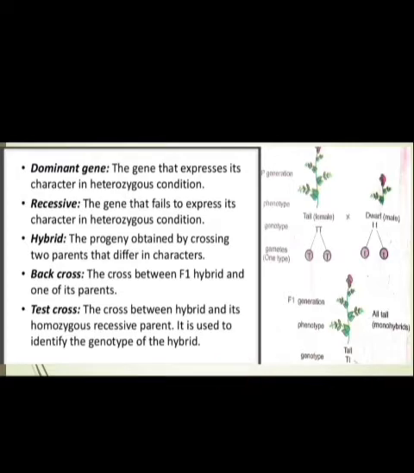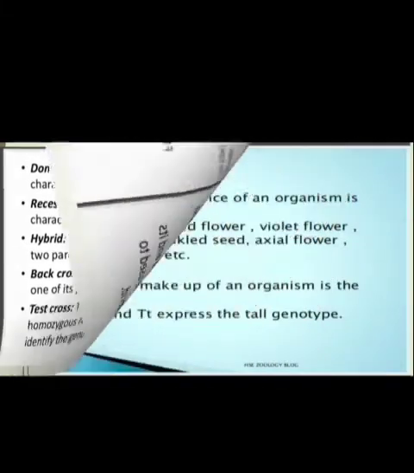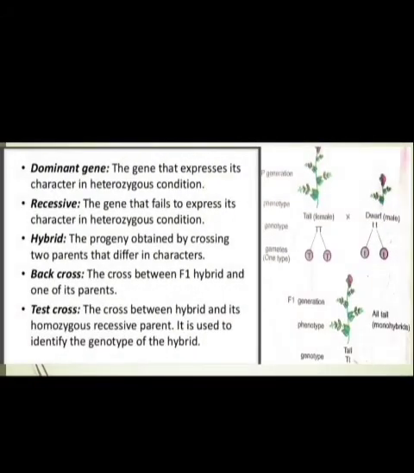See, this is hybrid, F1 hybrid. This F1 hybrid is crossed with one of its parents, means either it is crossed with dominant parents or it is crossed with recessive parents. It is called as back cross.